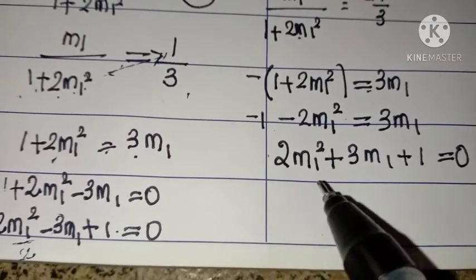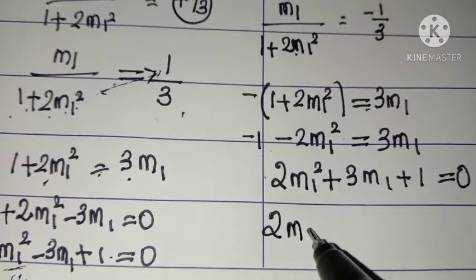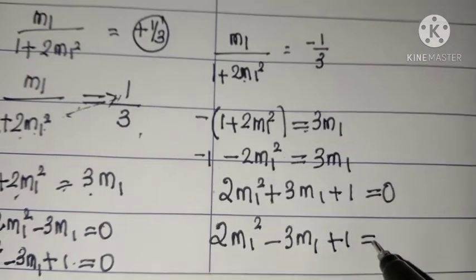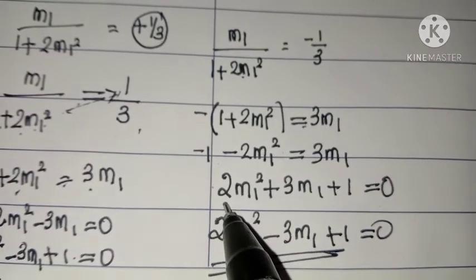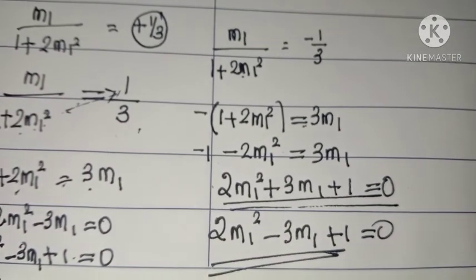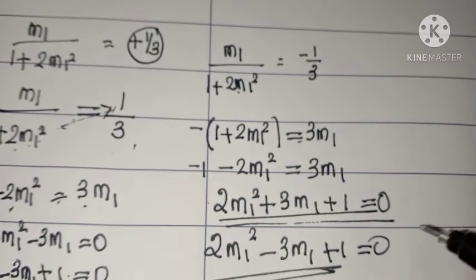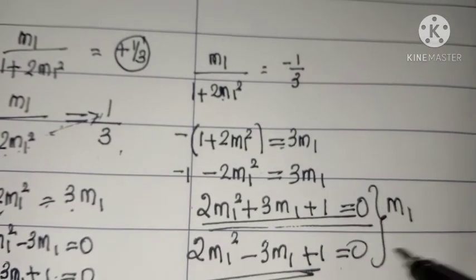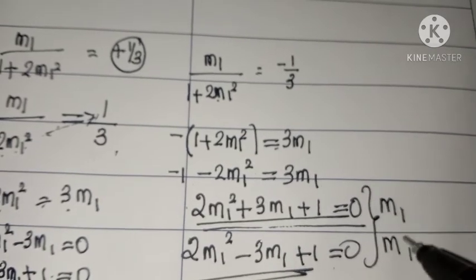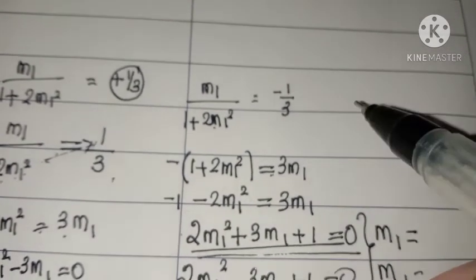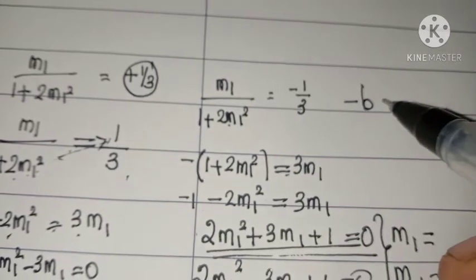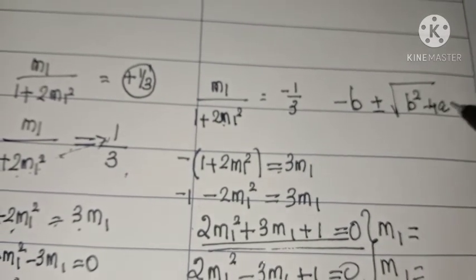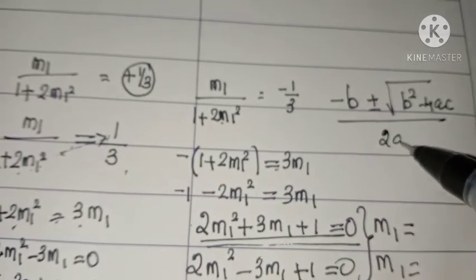See, we have two quadratic expressions, 2 m1 square minus 3m1 plus 1 equal to 0 and 2m1 square plus 3m1 plus 1 equal to 0. Now find the solutions of these two quadratic expressions. Solution means find the value of m1 using the quadratic formula, minus b plus or minus root of b square minus 4ac whole divided by 2a.